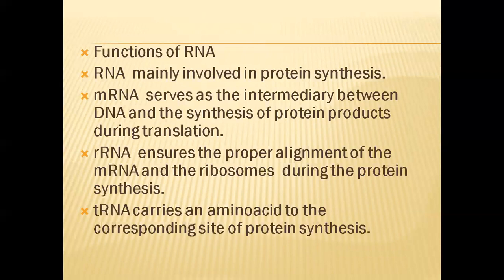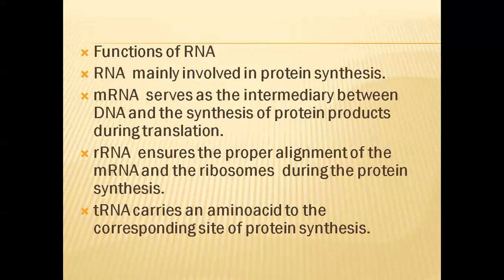rRNA, that is ribosomal RNA, ensures the proper alignment of mRNA and the ribosome during protein synthesis. And the main function of tRNA is transfer. It carries the amino acids present in the cytoplasm, depending on the anticodon present on the tRNA, and places them on the mRNA, depending on the triplet codons present on the mRNA.